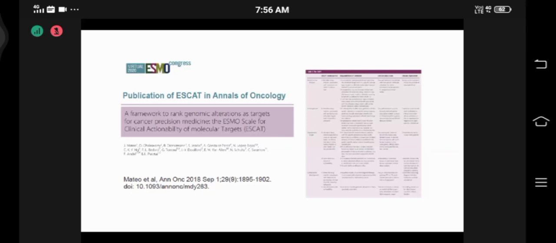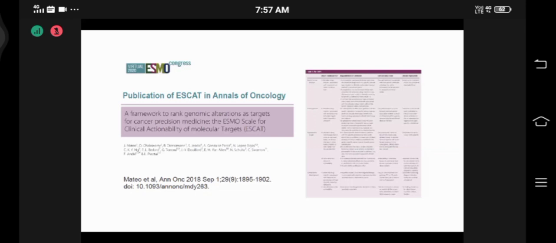Now, what the ESCAT guidelines do, it looks at two things. It's looking at the mutation, but it is also putting it in relevance of the clinical utility, and then giving you an ESCAT score. And with that ESCAT score, you say what is the level of evidence. And even this has ESCAT level 1, 2, and it goes into various types.